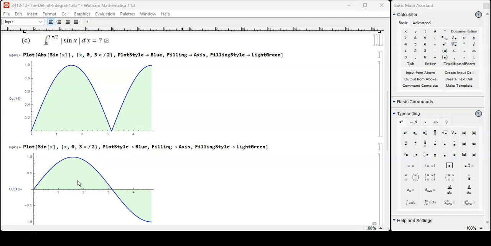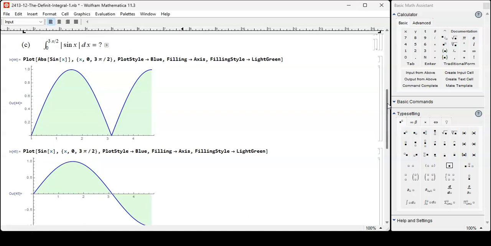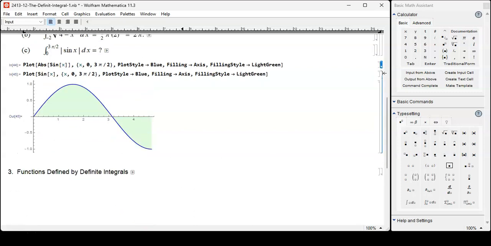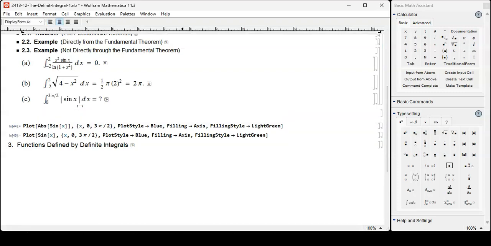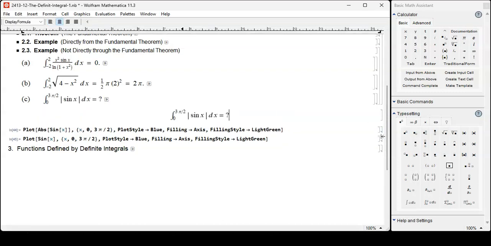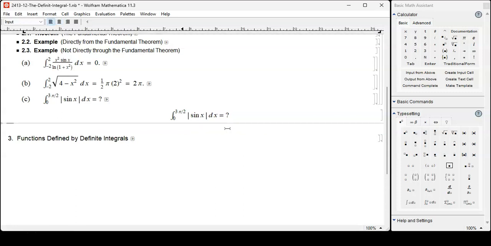Now, as for the area of a sine function, we can use the fundamental theorem to figure it out. So we're going to handle it this way. Instead of trying to calculate this one with the absolute value, we don't need these anymore.